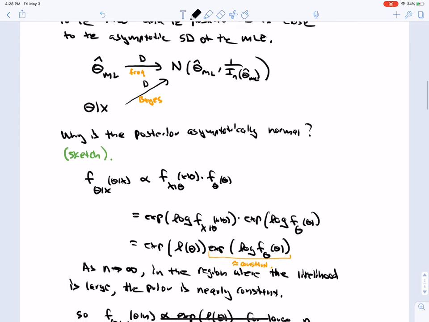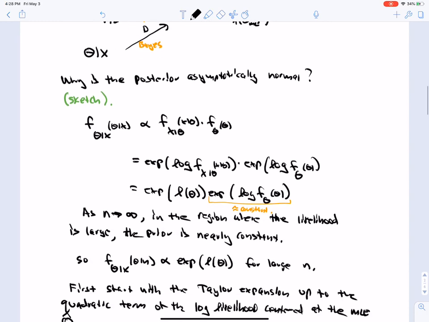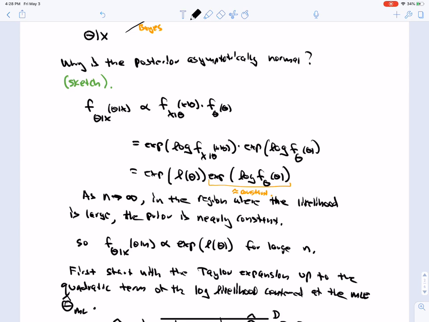I can only speak in general brushstrokes about this, but the posterior density we can write as proportional to the likelihood times the prior, and as I said, when n is large, the likelihood dominates the prior, and so essentially we can write the posterior as proportional to the exponential of the log likelihood.